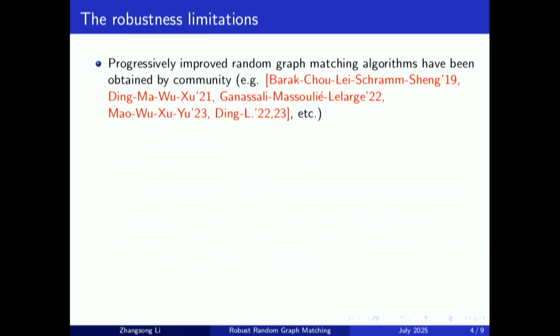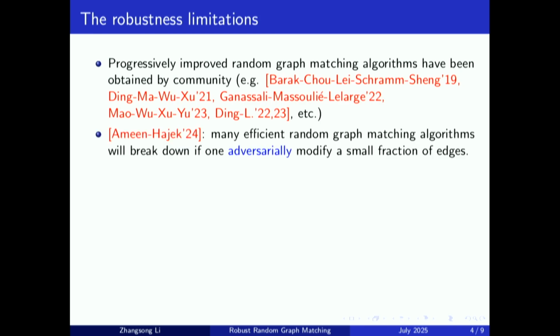It is fair to say that there have been progressively improved random graph matching algorithms for this model, obtained by the community very recently, which finally leads us to a more or less satisfactory understanding of the algorithmic aspect of this problem.